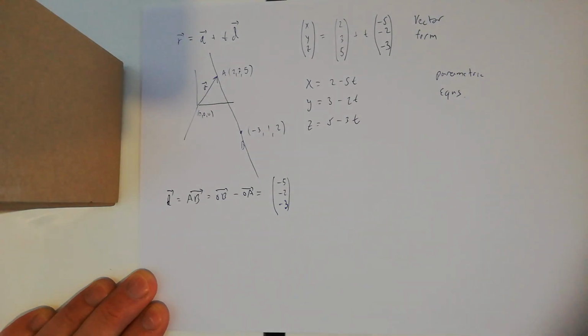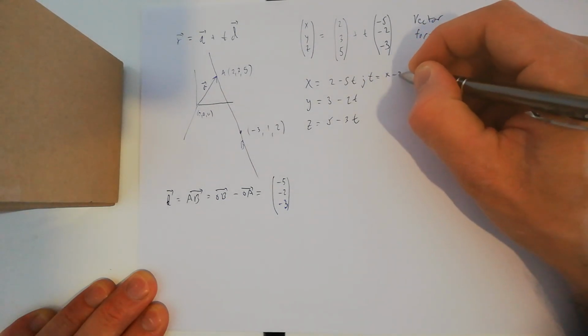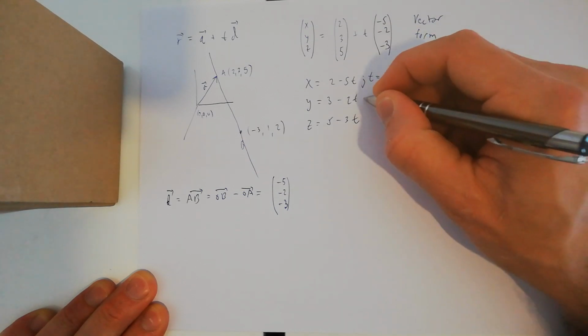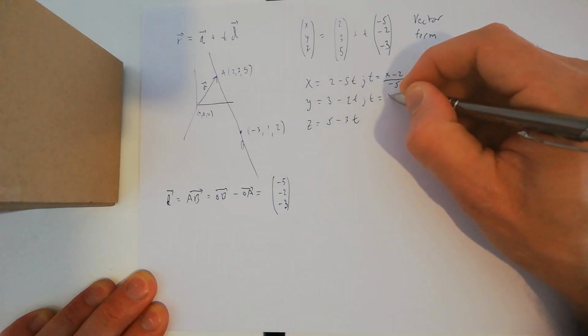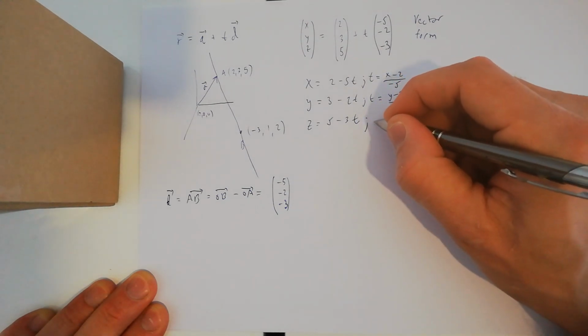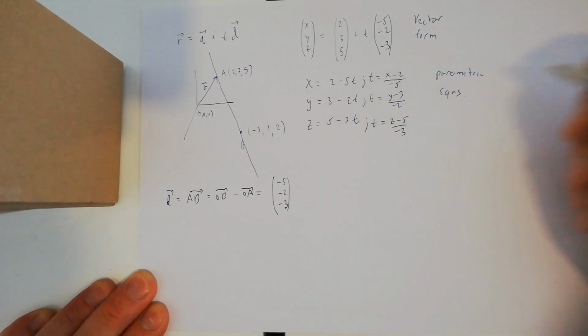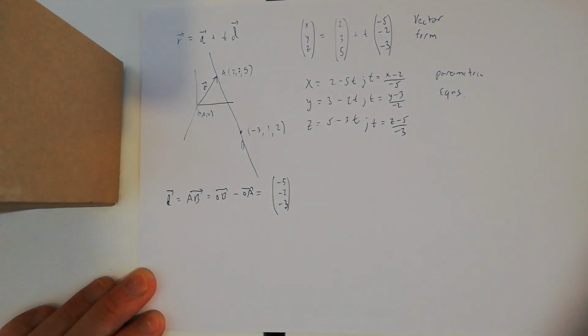From here we can solve for t equals (x minus 2) over minus 5. From here t is equal to (y minus 3) over minus 2, and from here t equals (z minus 5) over minus 3.